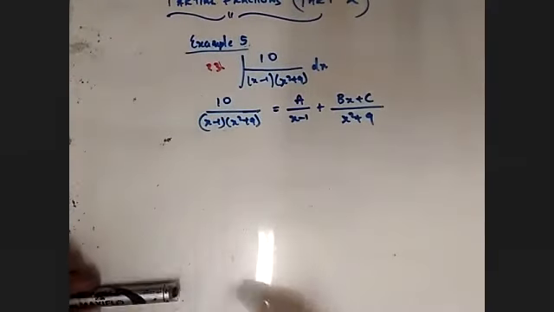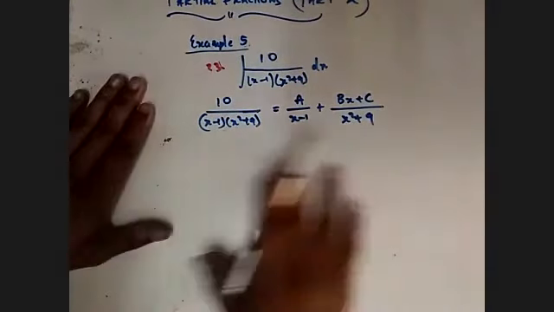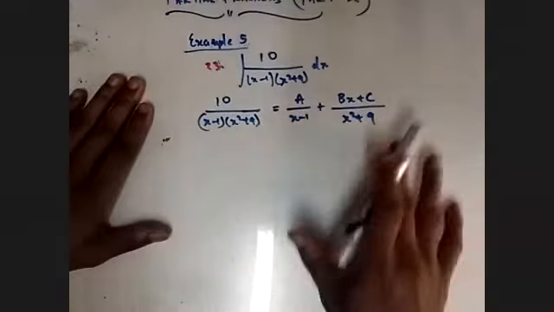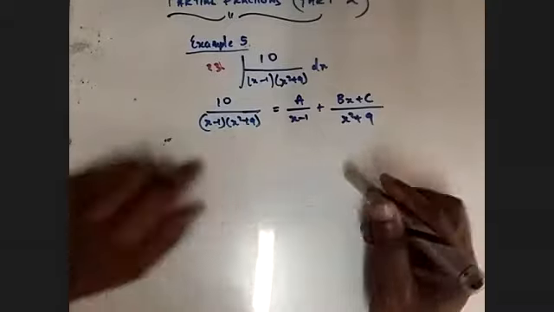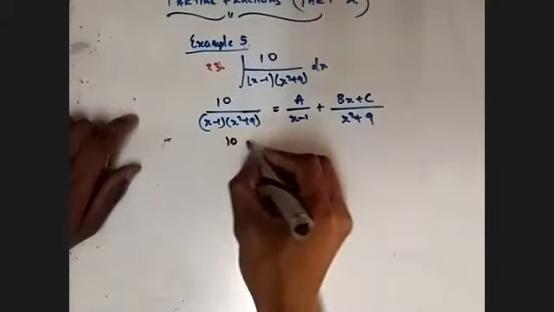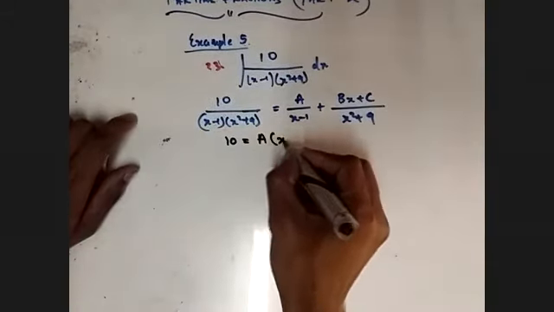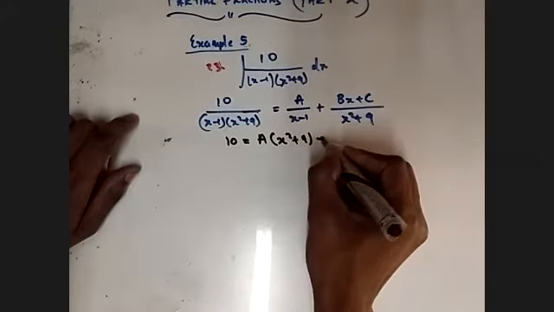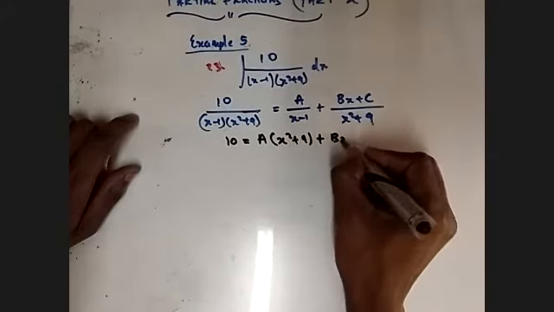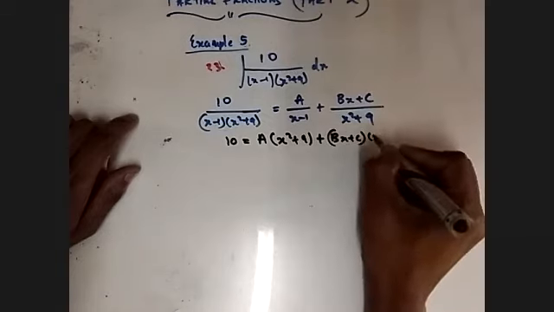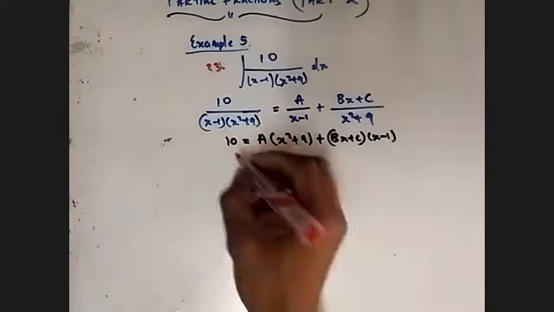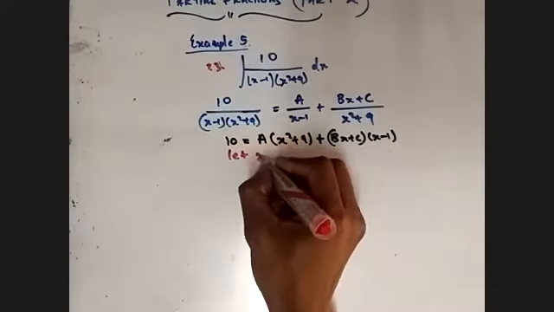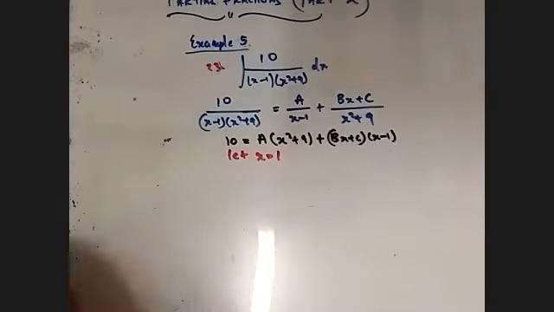For this we can just do what we did last time: multiply every term by the denominator. When we do that, we find that 10 equals A(x squared plus 9) plus (Bx plus C)(x minus 1). Then let x equal 1 and see what happens.